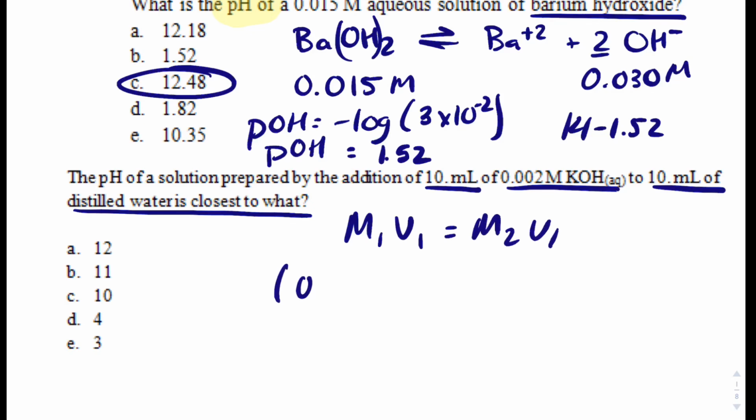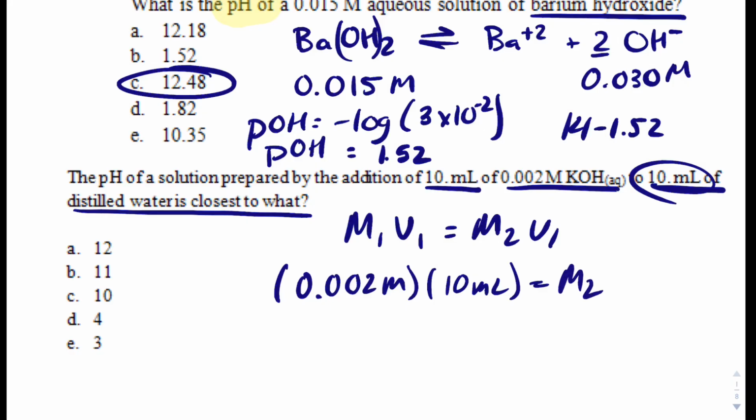So the initial molarity was 0.002 molar, the initial volume was 10 milliliters. I am adding 10 milliliters, so the final volume will be 20 milliliters.